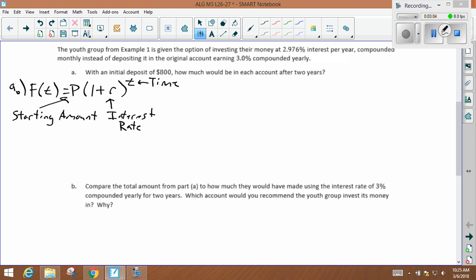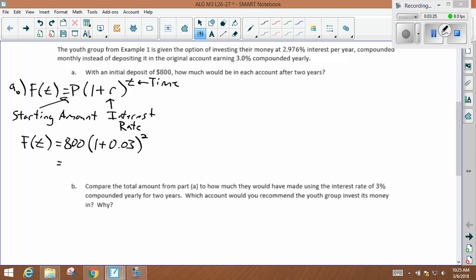So in the previous example, they were wanting to know how much money would you have if you put $800 into an account that has a 3% interest rate, and I'll put 0.03 in there, for 2 years.